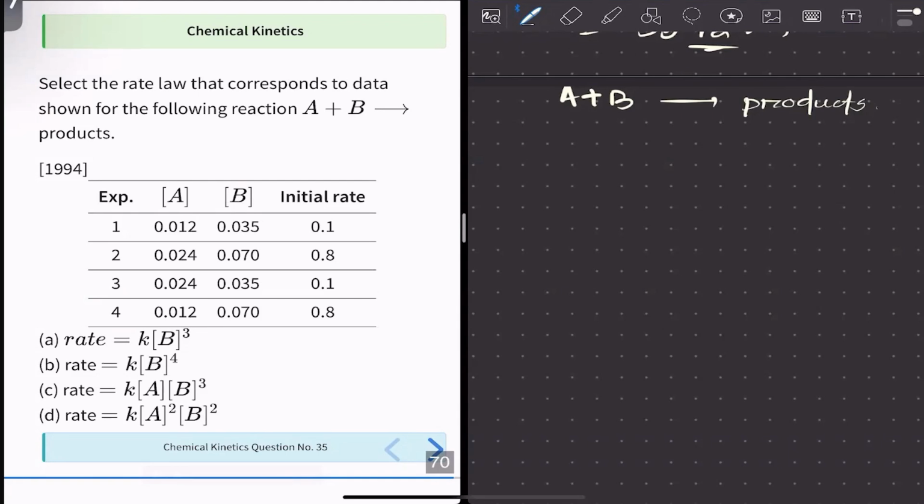Let's compare row 1 and row 4. If we double the concentration of B, the final rate of reaction becomes 8 times that of the initial rate of reaction. That means if you double the concentration of B, the rate is becoming 8 times.